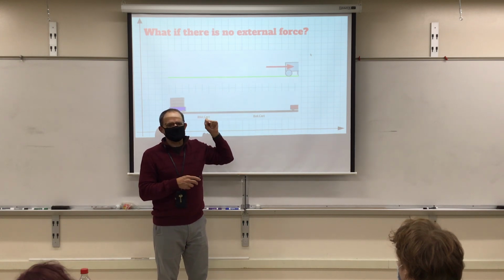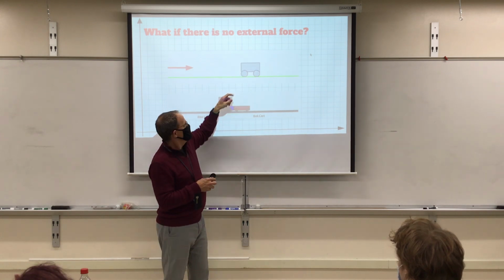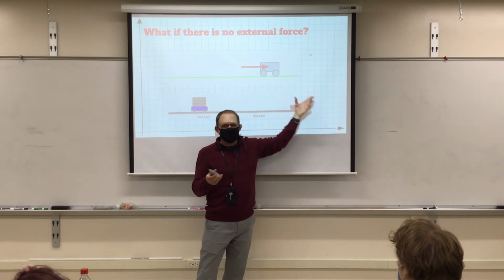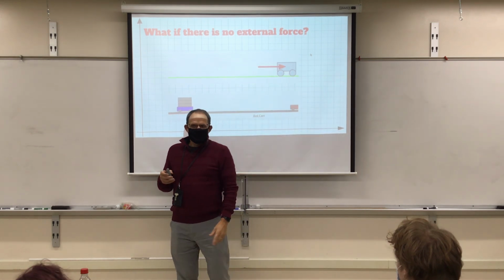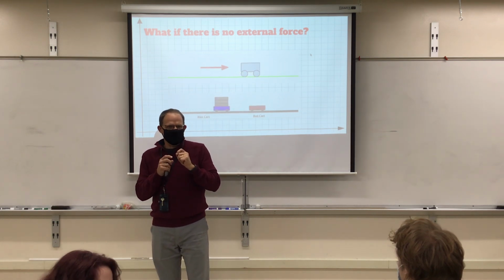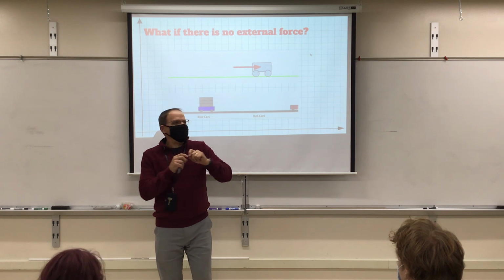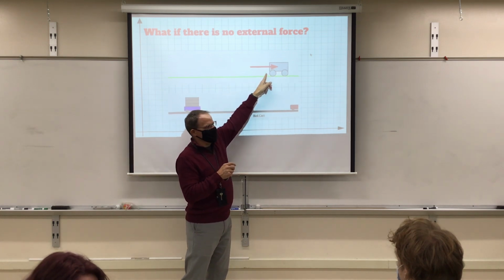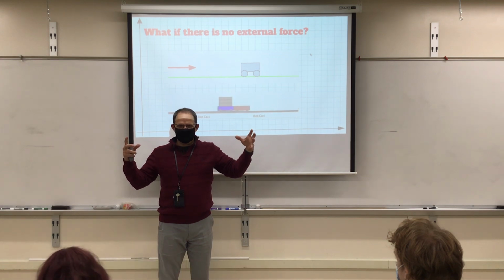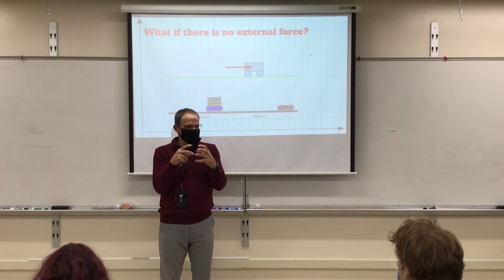Now, is there a force on the cart? Yes. It's sitting still, and now it's moving. There must have been a force on it. So there's forces involved in the collision. But here's the point I want to make. Are any of those forces involved in that collision external to the system, or are they internal?